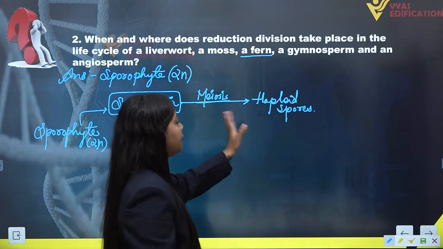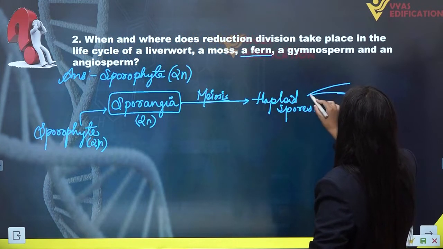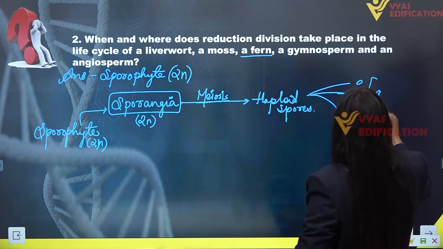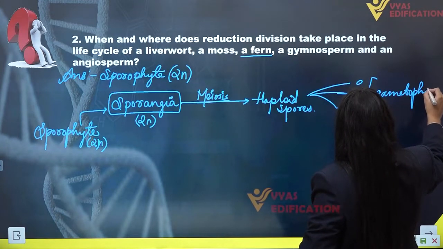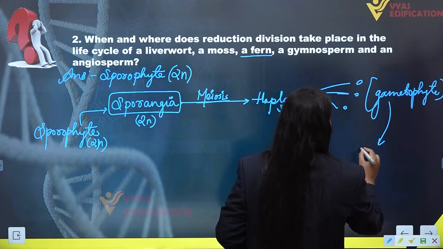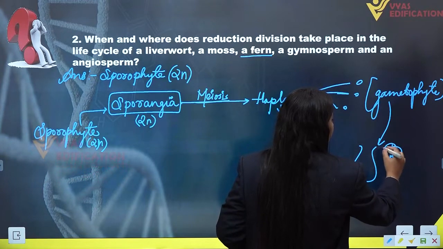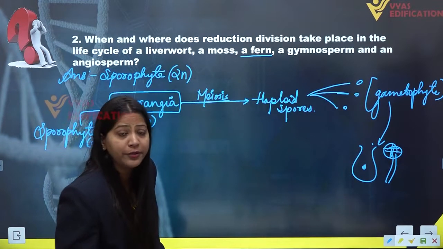So after the formation of haploid spores, these spores will germinate into gametophyte, and these gametophytes will develop archegonium and antheridium over them, inside which the gametes are going to be formed.